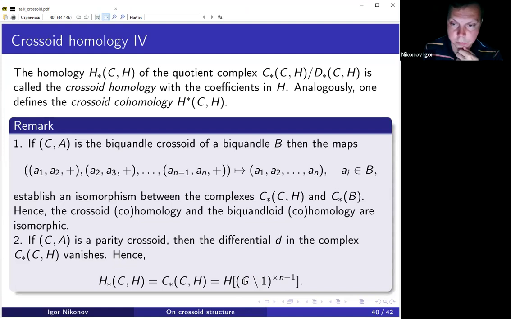We should remove the unit of the group of the parity crossoid and multiply it somehow, so we get this formula. And this means that the cocycle invariant, which corresponds to the case when n equals 2, takes values in this free group of G generated by the elements of G except the unit.